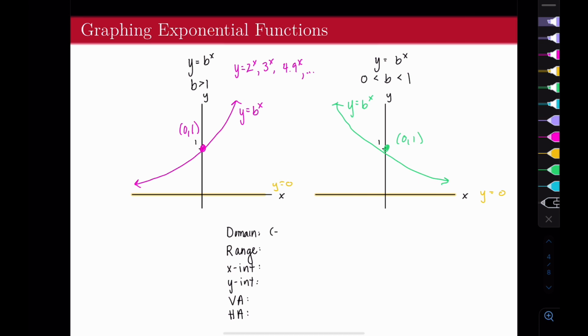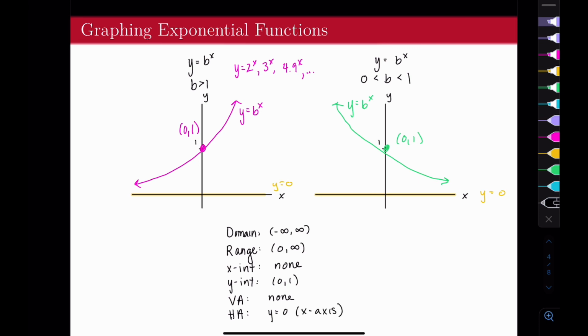The domain, you can plug in whatever you want. The range will be 0 to infinity. You can't actually equal 0. We have no x-intercept, but we do have a y-intercept of 0, 1. There is no vertical asymptote, but we do have a horizontal one, which is y equals 0, or the x-axis.